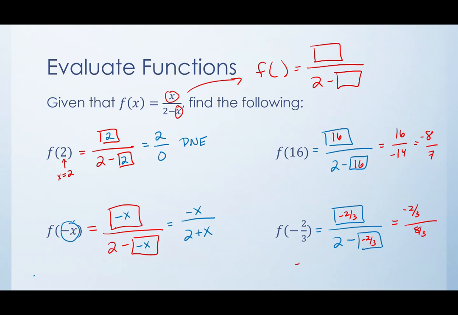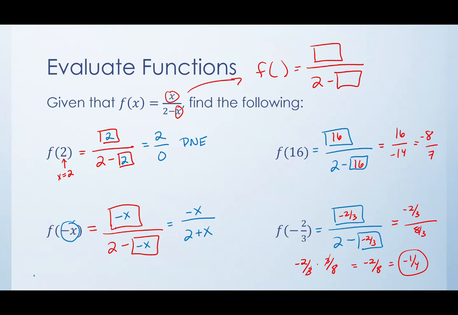And remember, when you divide a fraction by a fraction, it's the same as multiplying by the reciprocal. And so sometimes stuff will cancel, right? So we're going to get negative 2/8, which is negative 1/4. And there we go.